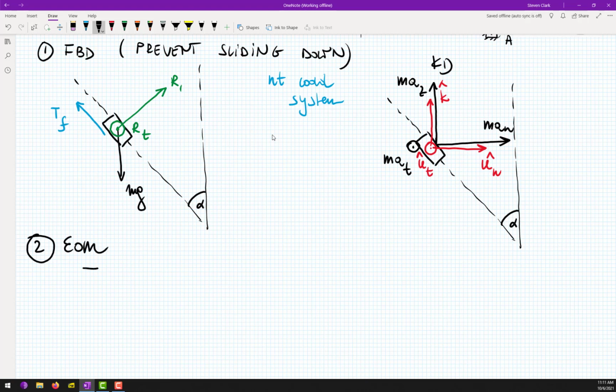EOM. So we're going to do sum of forces in the t direction, sum of forces in the n direction, and sum of forces in the z direction. Okay.